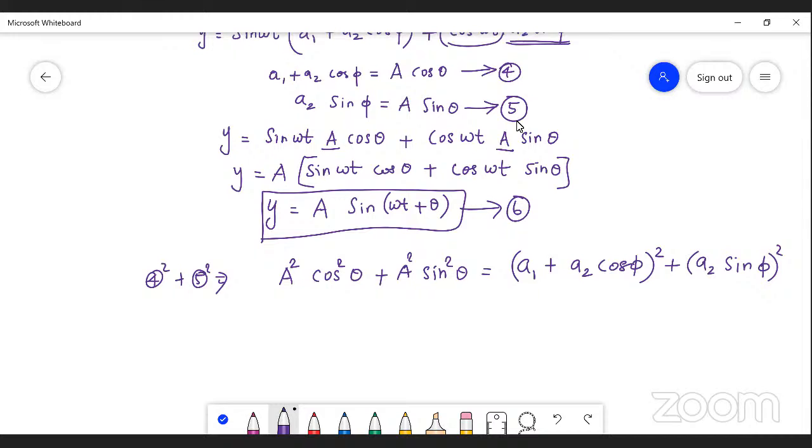I want to take this: A square cos square theta plus A square sin square theta. The common factor is A square.